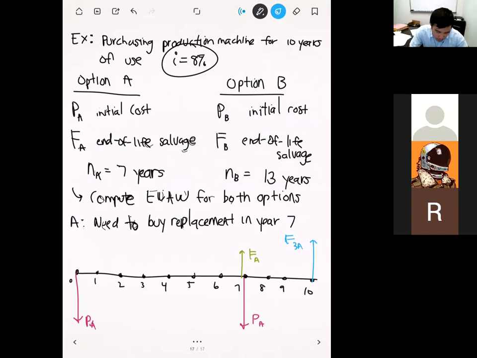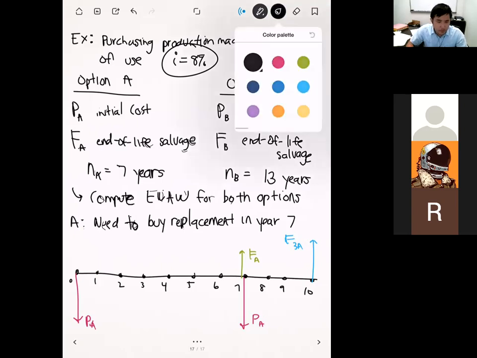F3A represents the amount of salvage that we'll get by salvaging the option after 3 years of use. We don't know what that is, but that's okay. All we're concerned about here is setting up an equation for EUAW, and someone more knowledgeable about how these machines work can fill that in for us later.